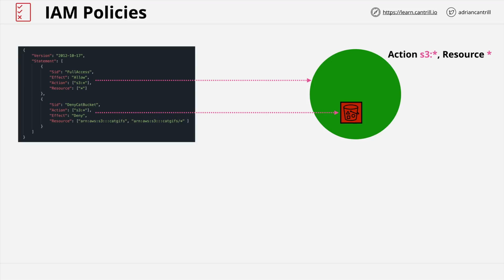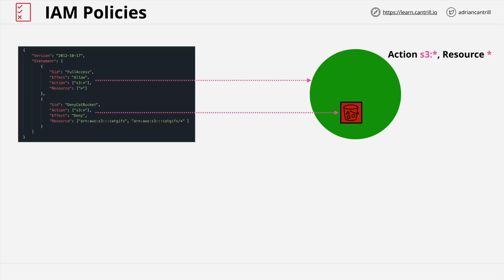One of the most important security concepts in AWS, for the exam and for the real world, is how to handle this overlap style situation. If there are multiple statements which apply to an operation in AWS, as with this example, then both of the statements are processed. So in this case, you're both allowed access to all of S3 and denied access to this specific bucket. Now luckily there are a set of consistent rules which make things pretty easy to remember. If you remember the rule, it'll always make sense.